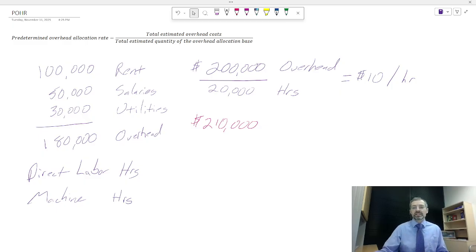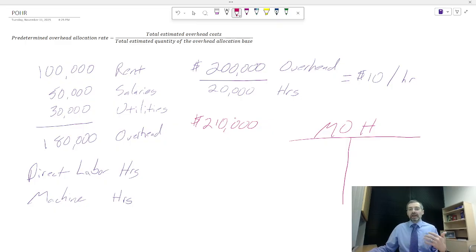So the best way to visualize this is using a T account for manufacturing overhead. And I'm going to abbreviate that MOH. So when we get the actual electric bill, the journal entry is going to be debiting manufacturing overhead, crediting utilities payable. So let's say we get a $20,000 electric bill. When we pay our factory supervisor's actual salary, we'll debit manufacturing overhead and credit wages payable.